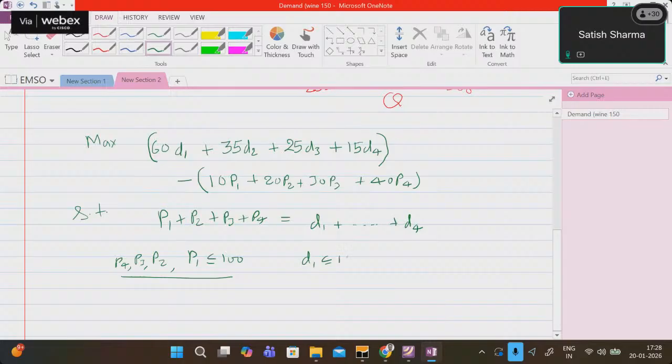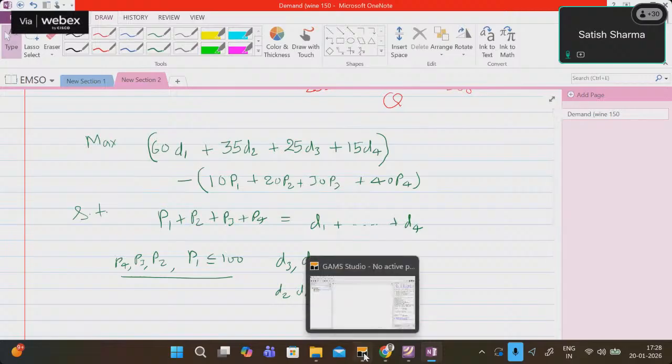D1 has the limit of 150, that demand 1 offered or basically gave a bid that it can consume 150 megawatt at a price of 60. Similarly, D3 gave the same kind of bid, and D2 and D4 gave that they want to consume 100 megawatt. So this is our model, and this is what I have written here.